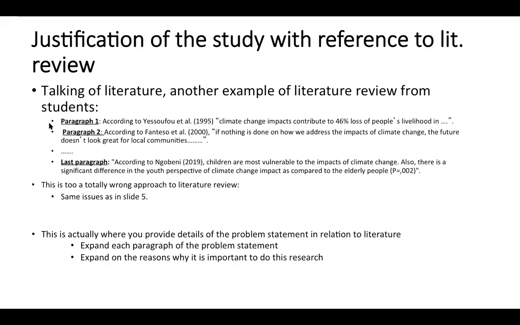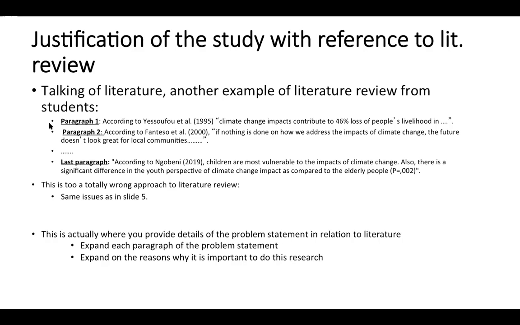And you don't support an argument with only one author, because it means that you don't know the literature. If in a paragraph you have only one author, it means you don't know the literature, because in the literature review section of your full dissertation, you want to showcase your knowledge of the topic.